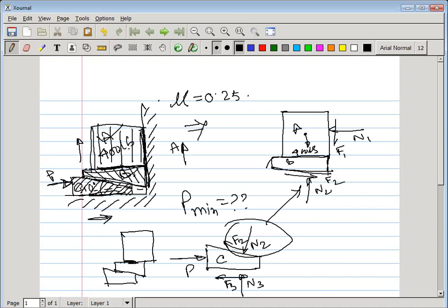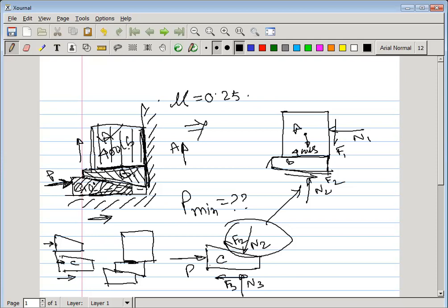See, actually this is block A, block B, block C. For block C, if you apply this force in this direction, it means block C has a tendency to move in this direction.